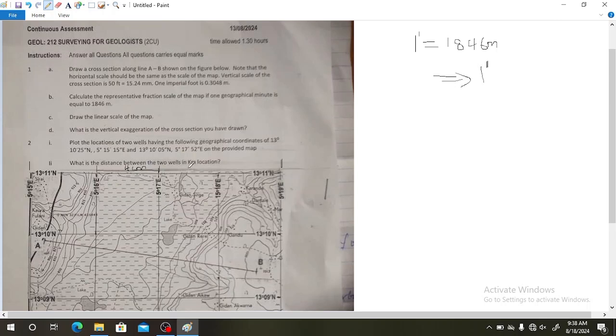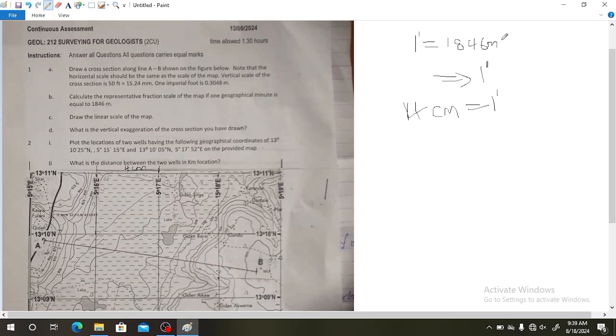After I measure this one, I got 4 centimeter, and each box is increasing by 1 minute, because before we get another box we need to have an addition of 1 minute. So each 4 centimeter is equal to 1 minute. That's each 4 centimeter on map is the same thing as 1 minute on ground.